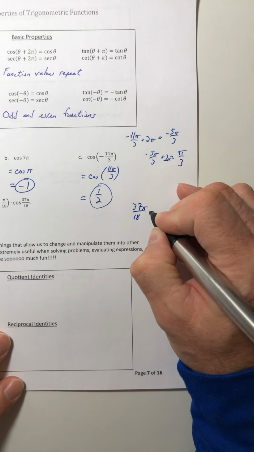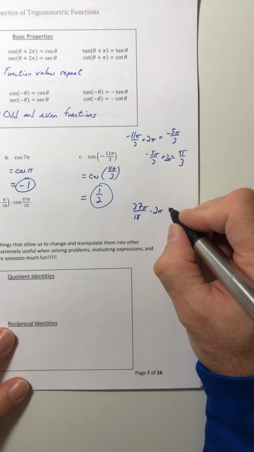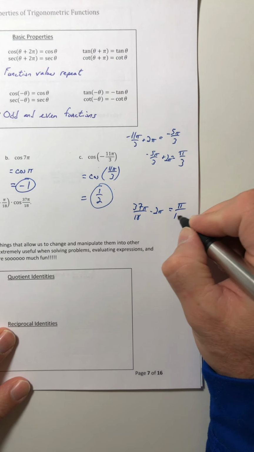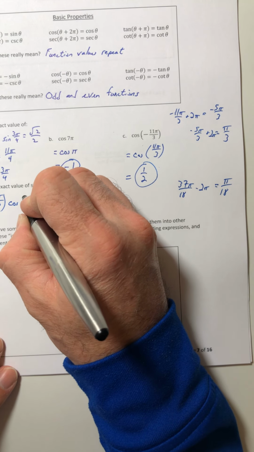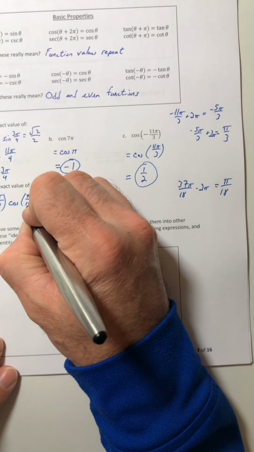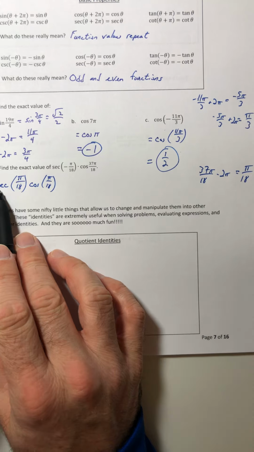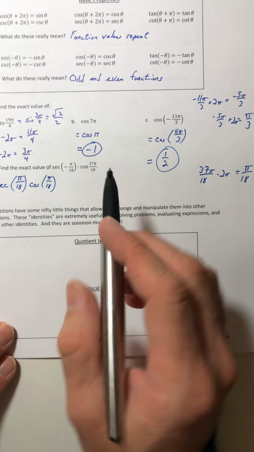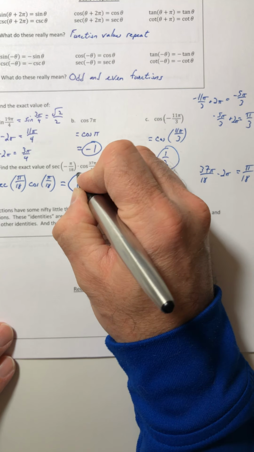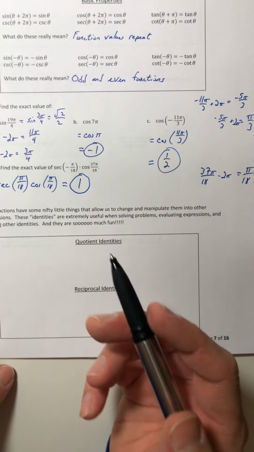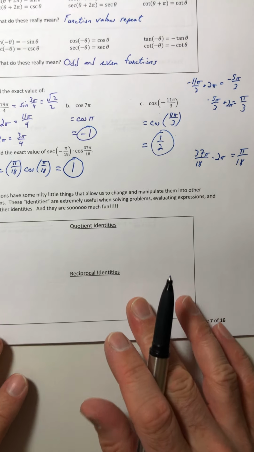I'm going to subtract 2 pi to give me pi over 18. So I have secant of pi over 18 times cosine of pi over 18. And that's going to equal 1 because they are basically just reciprocals of each other.